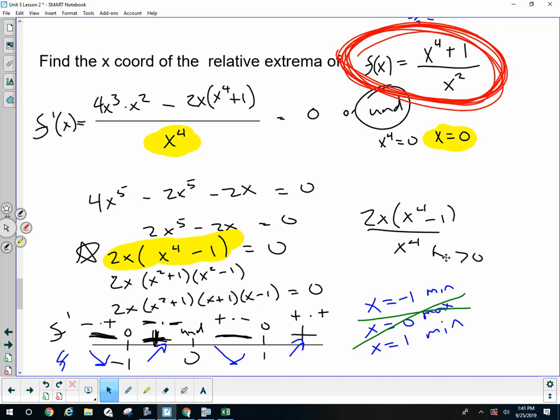Anybody? It's not a max. Why? Look at your original function. Why isn't x equals 0 a max?